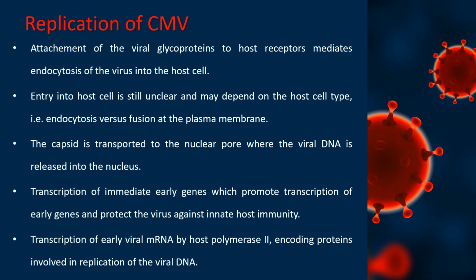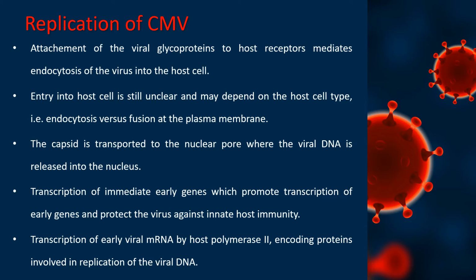Once the double stranded DNA is released into the nucleus, it starts its replication process. Initially, it transcribes the immediate early genes to form the immediate early proteins, which are responsible for the synthesis of the next level early proteins, which are responsible for structural component synthesis.